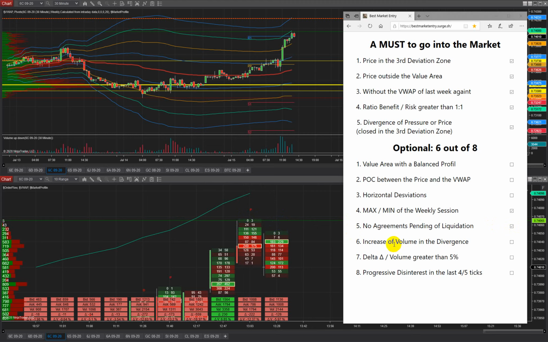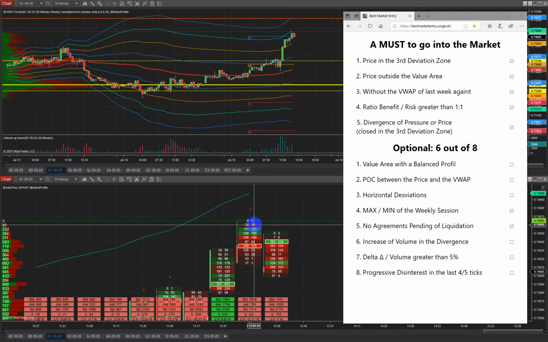Do we have an increase of the value in the divergency? The last one was 3,300. This is almost 1,800. So no go. Do we have a delta greater than 5%? Yes. Do we have progressive disinterest in the last 4 or 5 ticks?